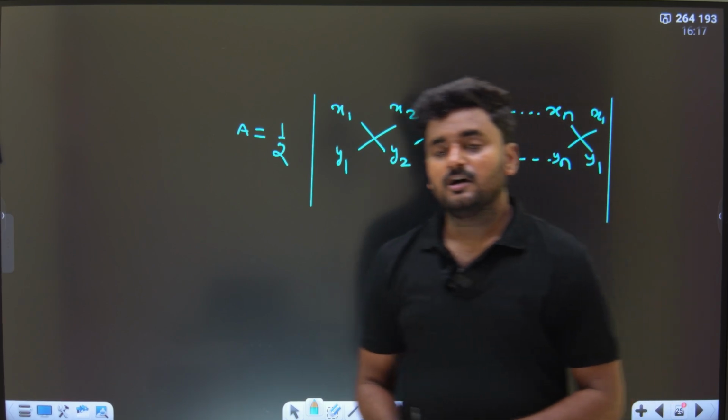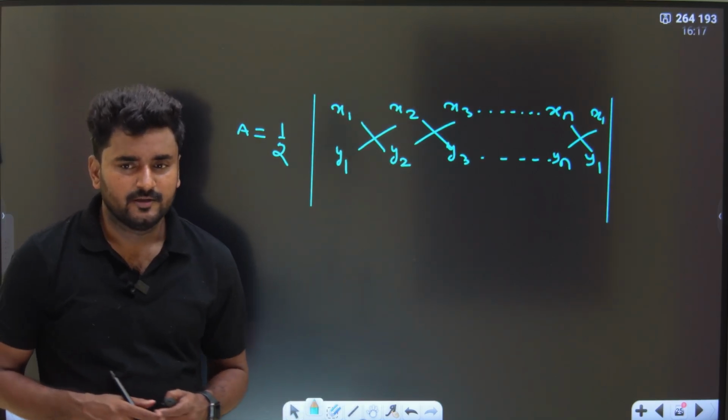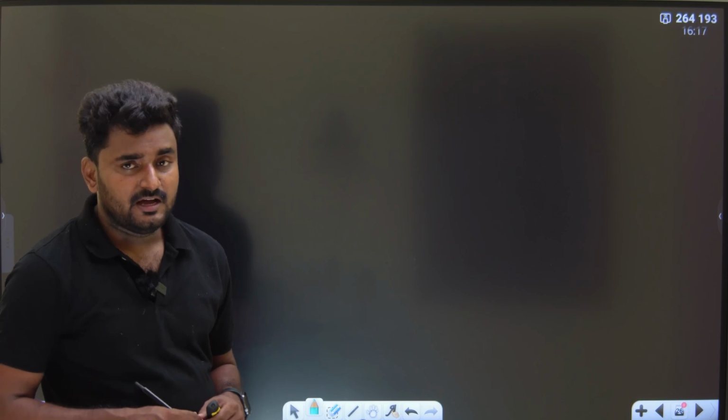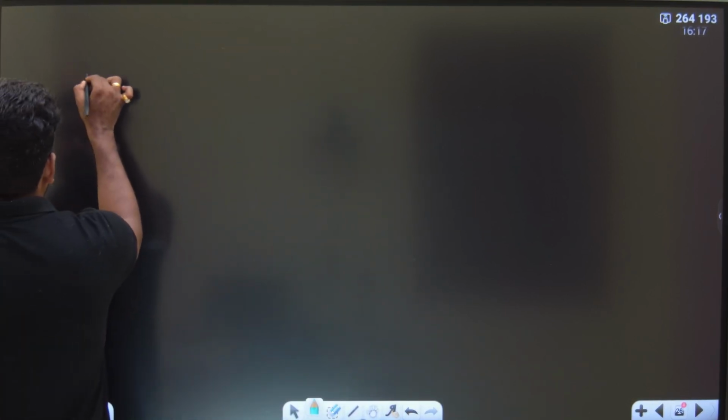Now I'm going to tell you the properties of this triangle. But before the property I'm telling you about collinearity. Suppose there are 3 points, and these 3 points are collinear.